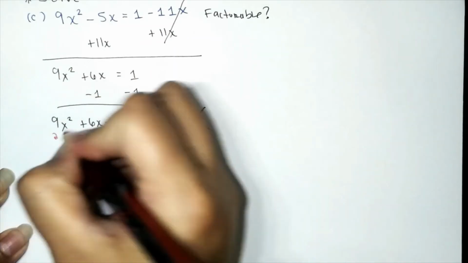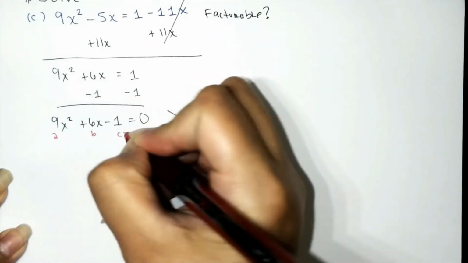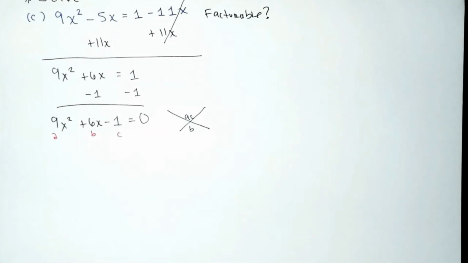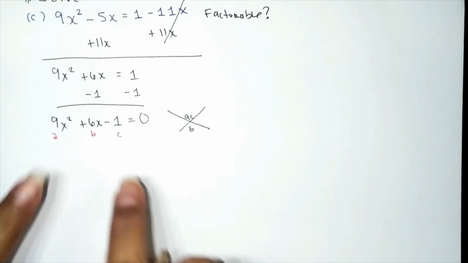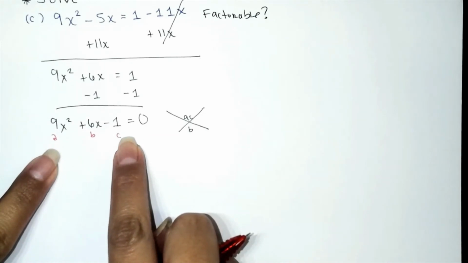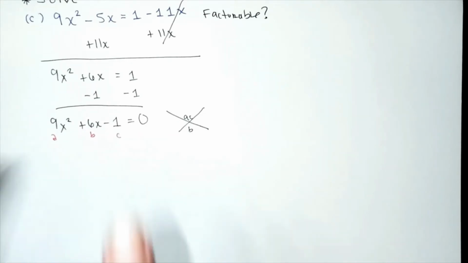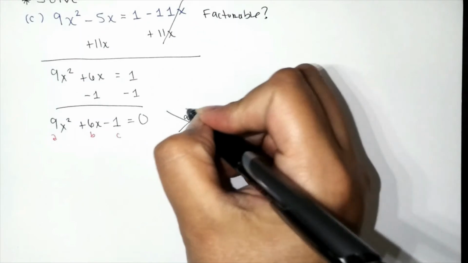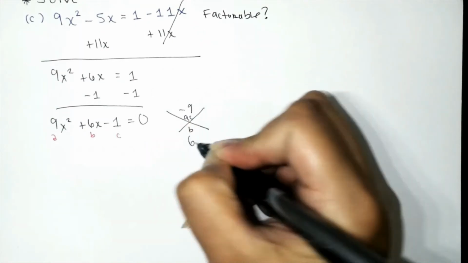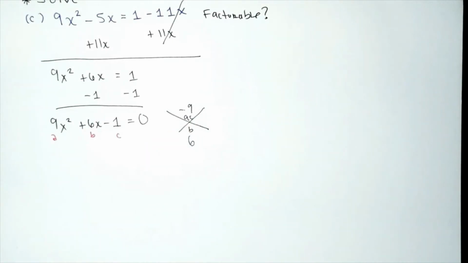Leading coefficient is 9. That's our a. Coefficient of the middle term is 6. That's our b. And the constant term is -1, our c. So factors of a times c. The product of 9 and -1 is -9. The value of b is 6. So what are factors of -9 that add up to 6? And that's a lie.